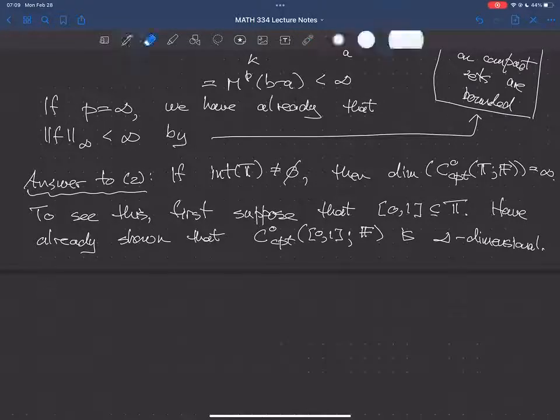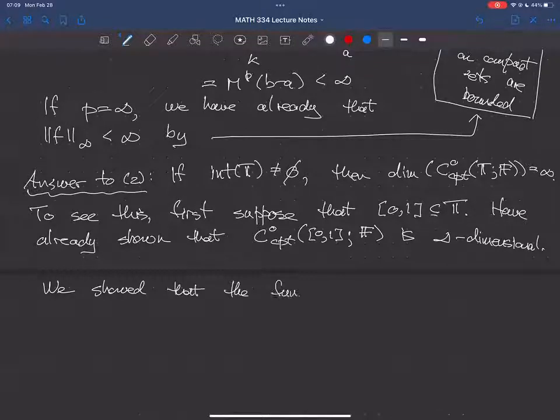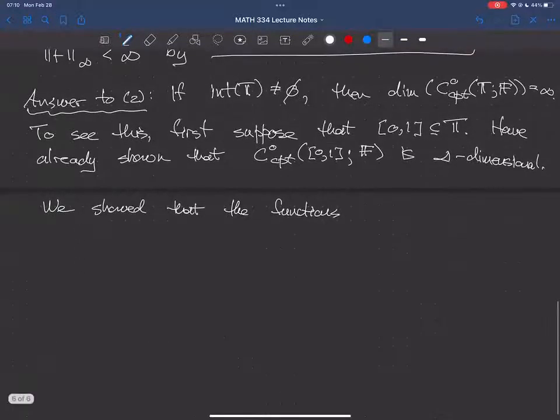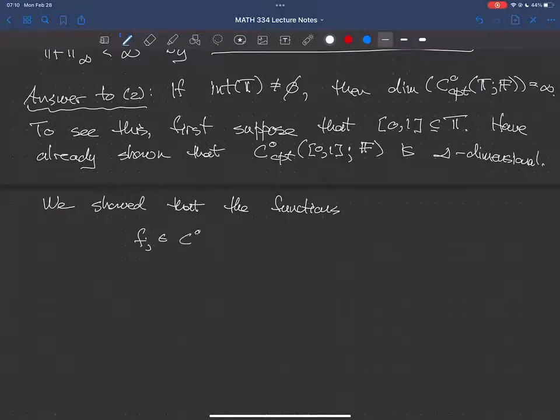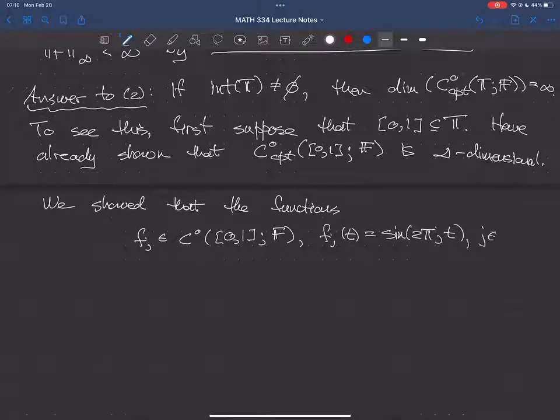Okay, so we showed that the functions f_j, j = 0, 1, and these were defined by f_j of t, we used x then, but that's okay, equals sine of 2 pi j t, are linearly independent.